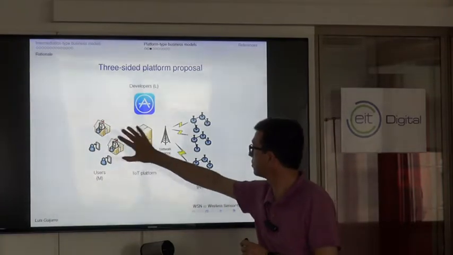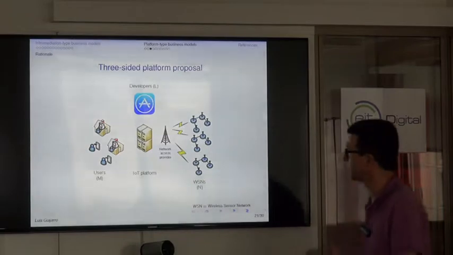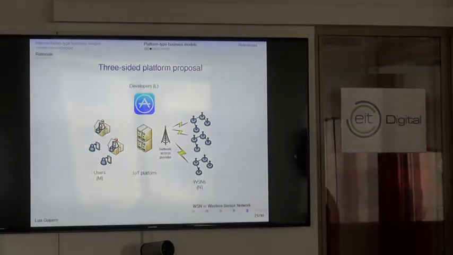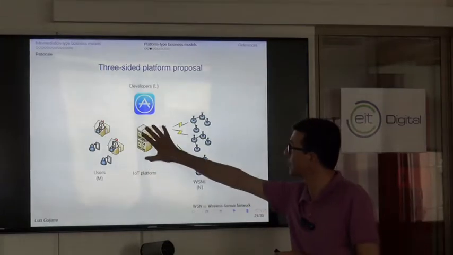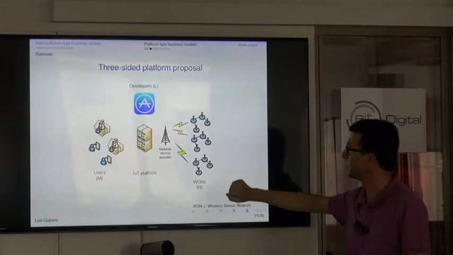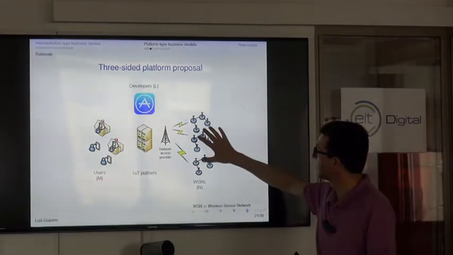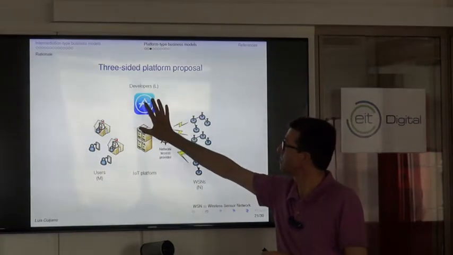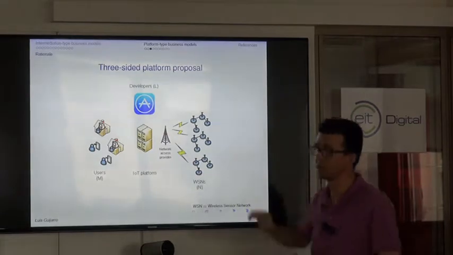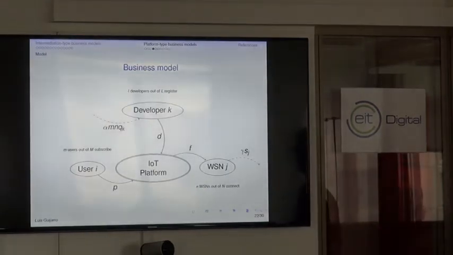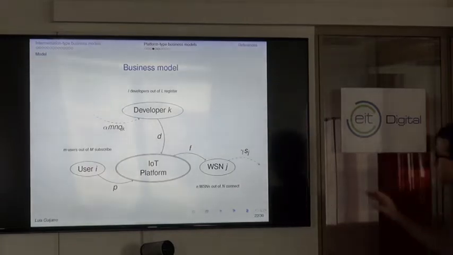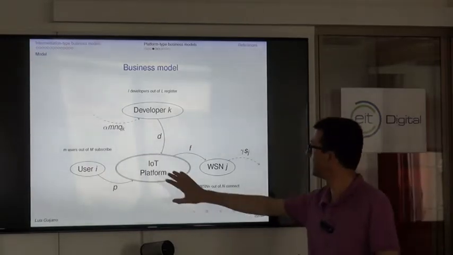This interaction between user, platform, and developers is more common in the mobile application scenario. What is new here is that we add a third side so that there is a disintegration between the app and the sensor infrastructure.